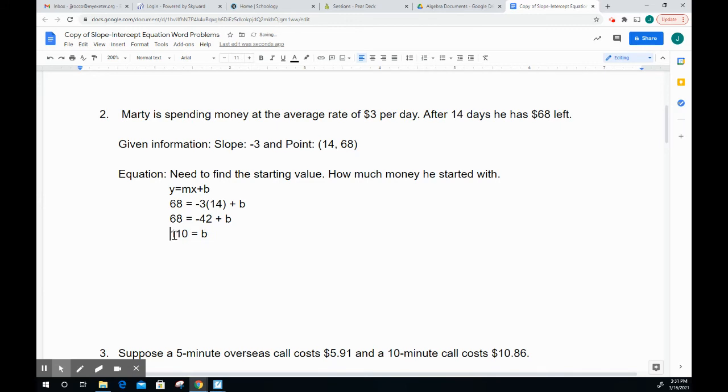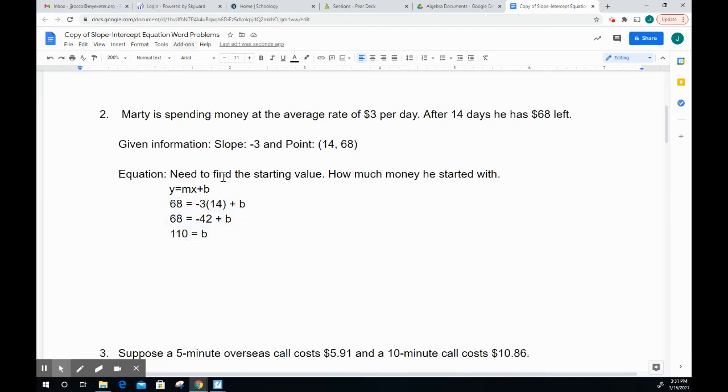All right, now I didn't show that adding the 42. I hope you guys didn't realize what I did there. I added 42 to both sides. You get $110, and that makes sense. If he's spending money and losing $3 a day, if he started at 110 after 14 days, he's down at 68. That makes a lot of sense. He'd have less money at 14 days. So this makes sense. All right.